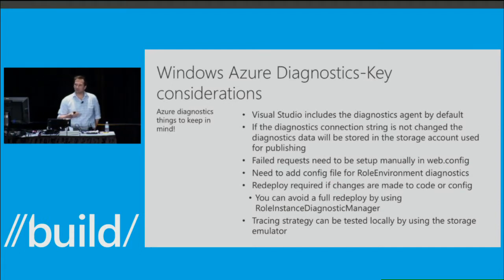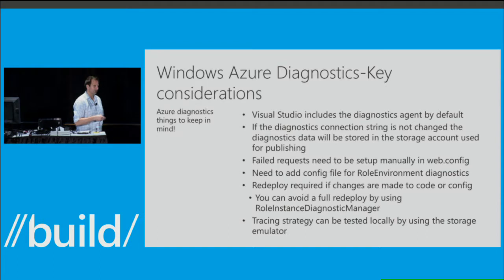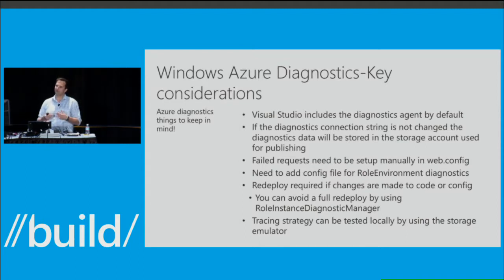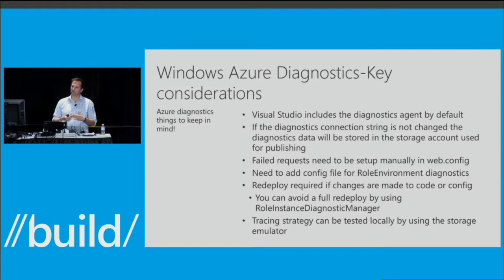If the diagnostics connection string is not changed in the role designer, as I've showed you, we're going to use the connection string for your publish operation. If you want to trace failed requests in your web role, you need to add the failed request statements to the web.config, so we don't help you with that in Visual Studio.